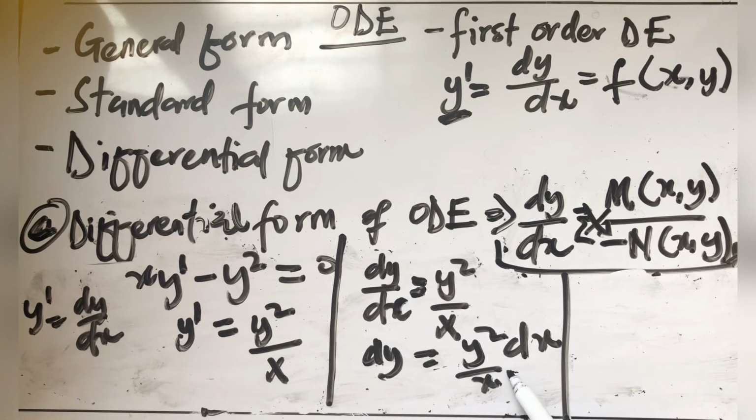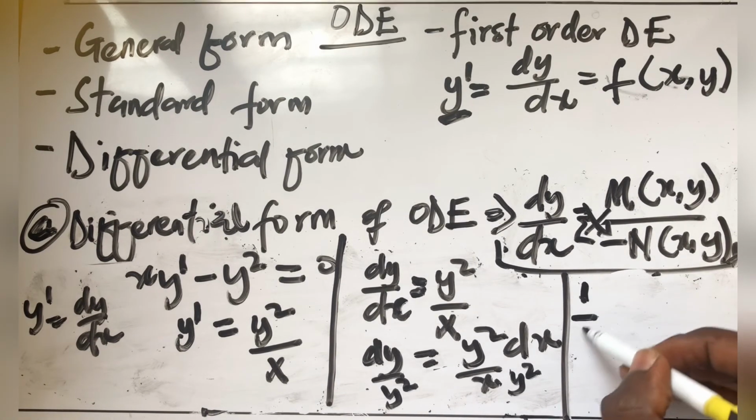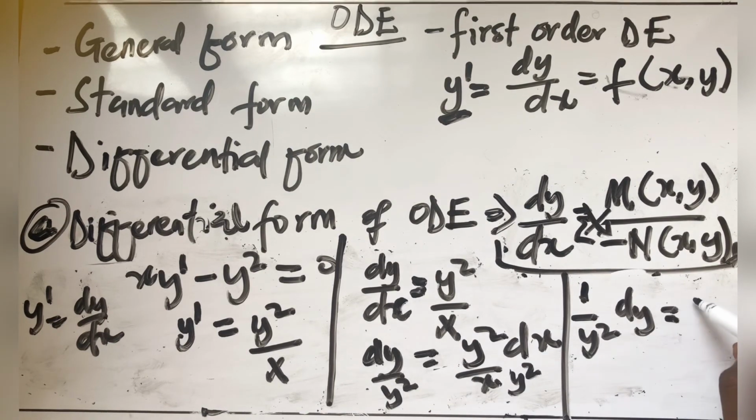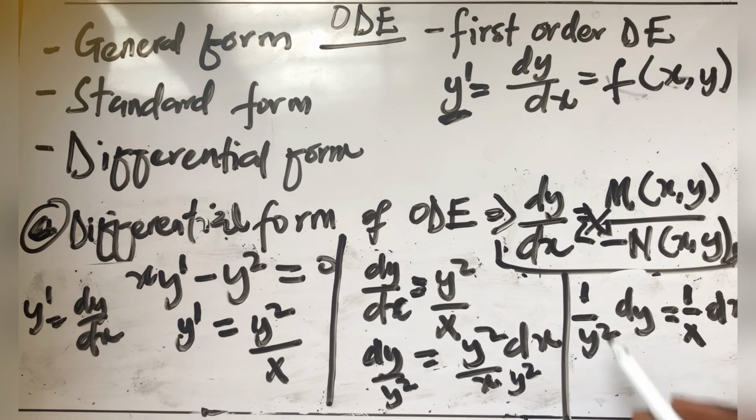We divide by y squared, divide here by y squared, so we will get 1 on y squared dy equal to 1 on x dx. So this is what our solution will look like: 1 on y squared dy equals 1 on x dx.